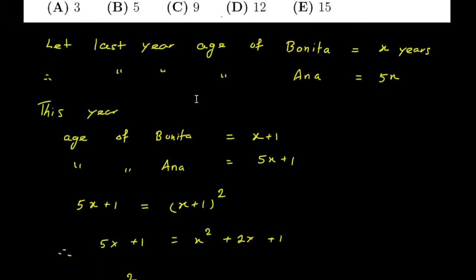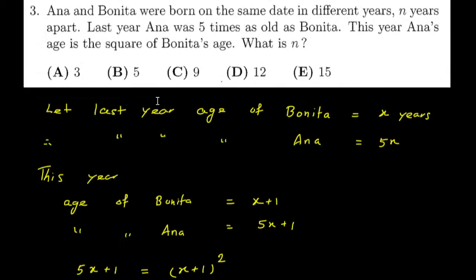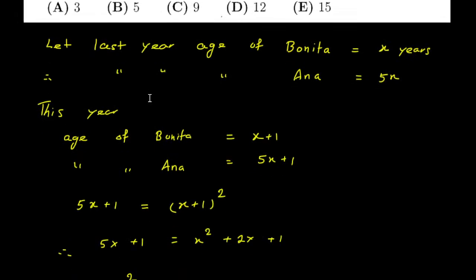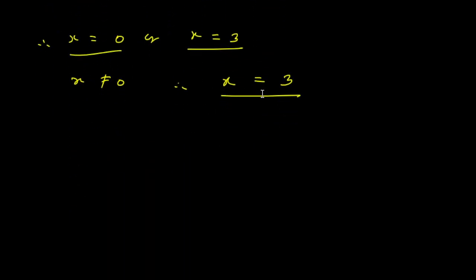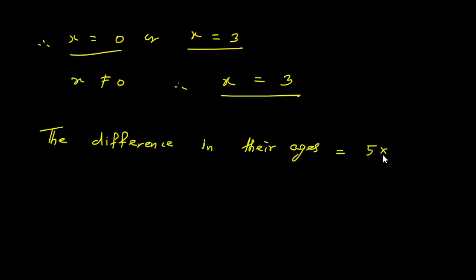So either I can find the present ages of Bonita and Anna and then find the difference. N is the difference between the ages. So the difference in their ages is 5x minus x, which is 4x, and 4x is 4 into 3, which is 12.